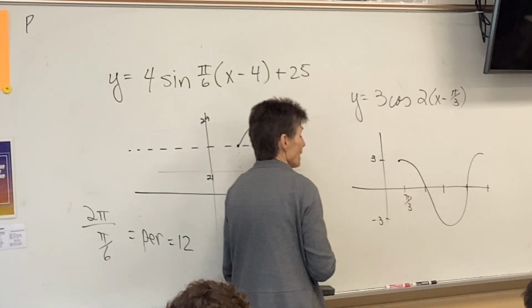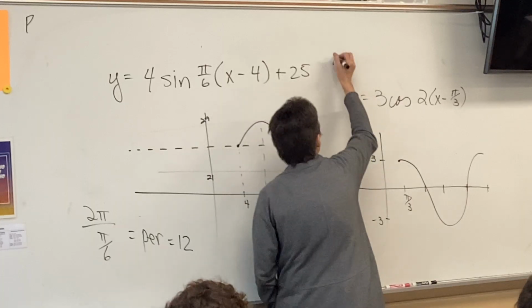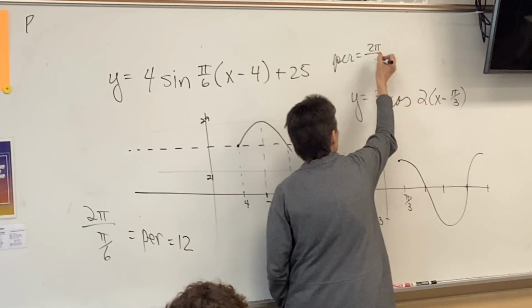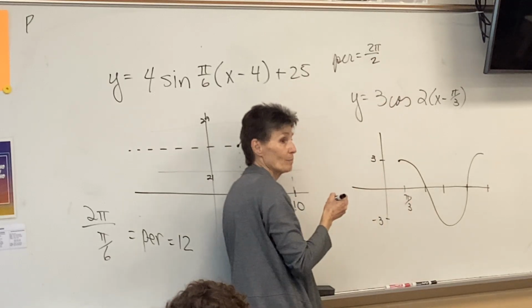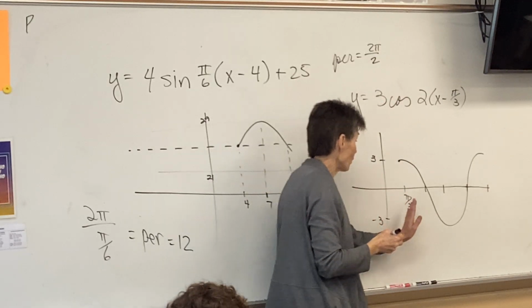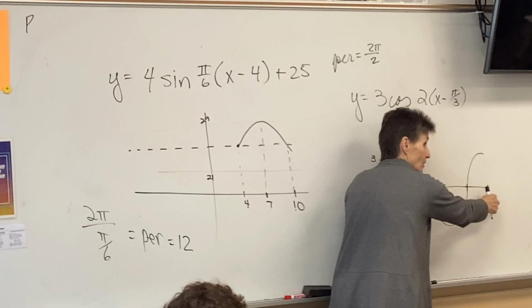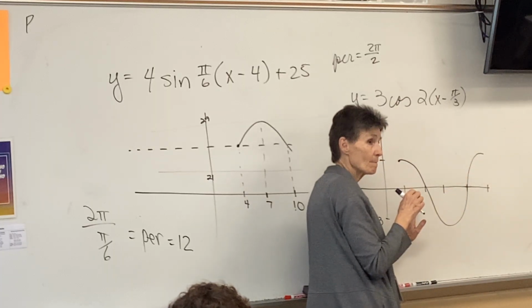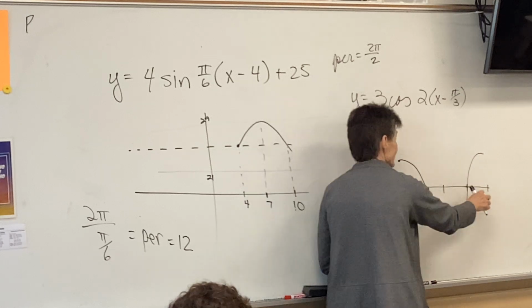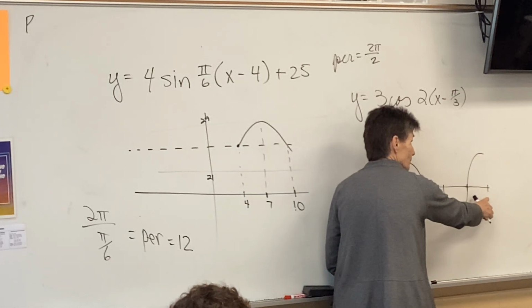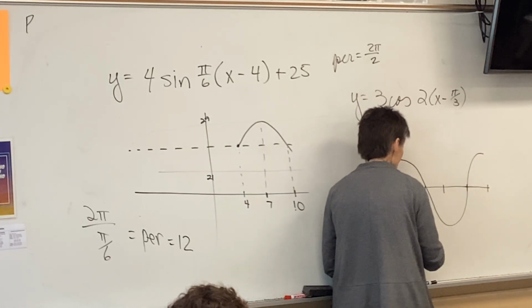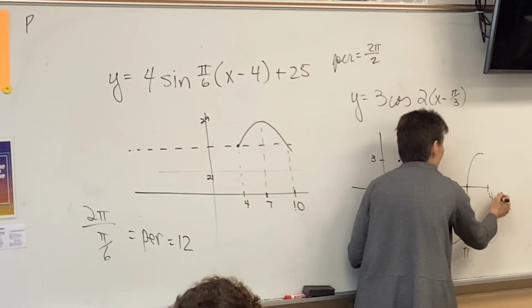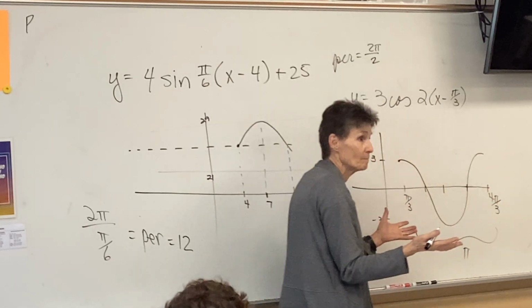I know that my period is supposed to be 2 pi but it's been divided by 2. So that means from here to here is pi. So what's that? From here to here is pi, so this would be 4 pi over 3, 1 1/3.